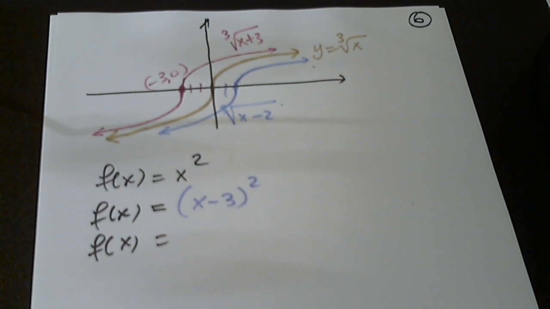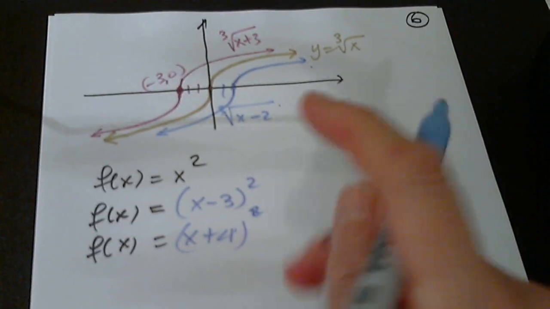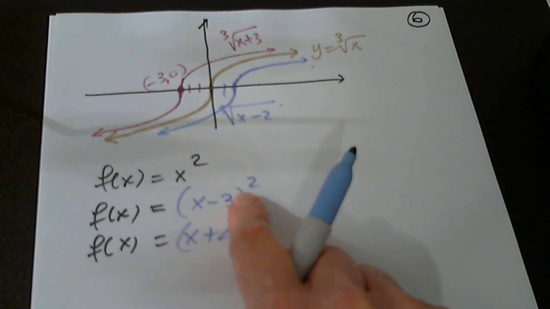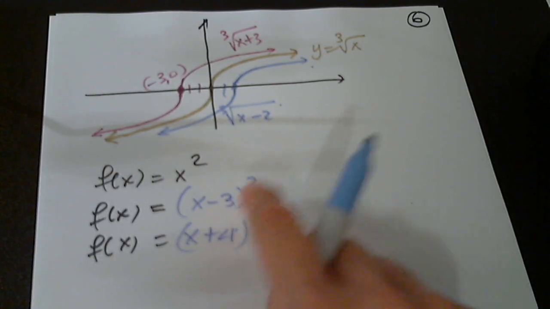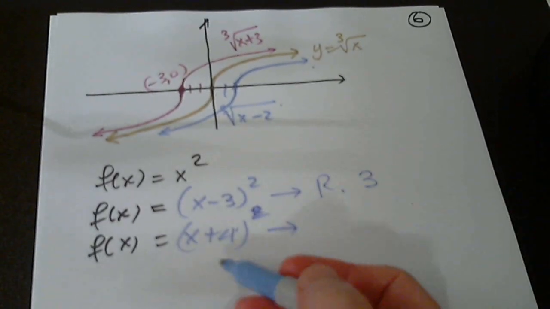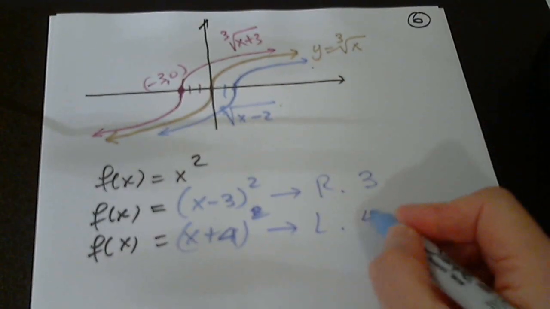Can you do the other? X plus 4 squared. Good. Does this one go to the left or to the right? To the right. Yes, right 3. Where does this one go? Left 4. Left 4. Excellent.